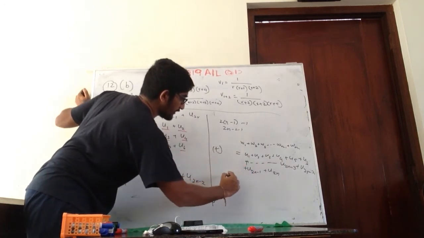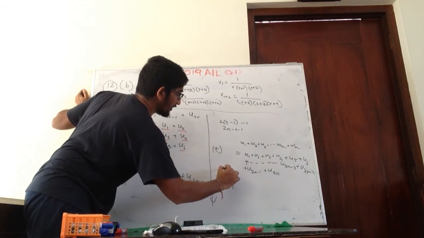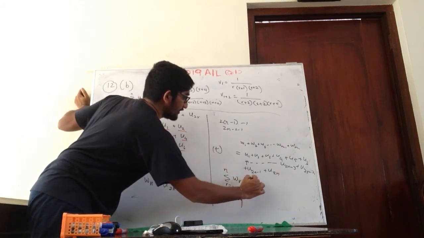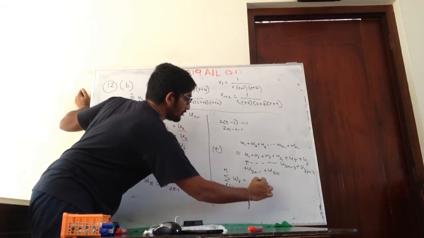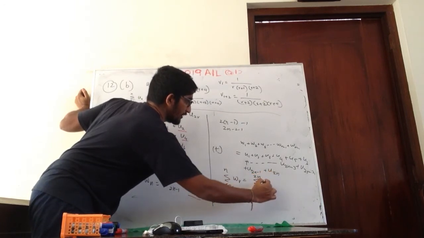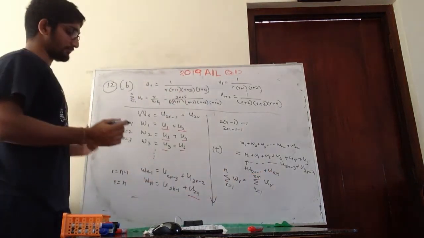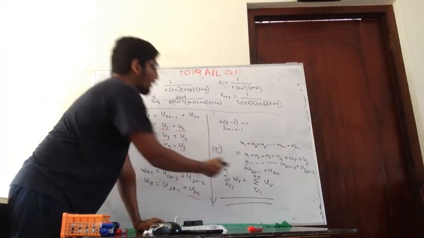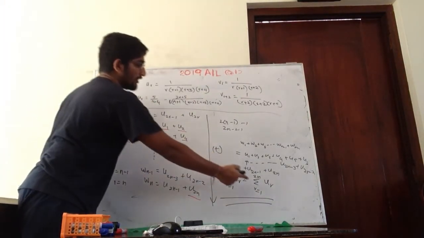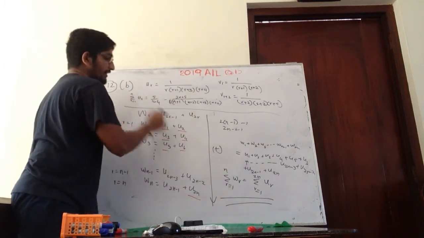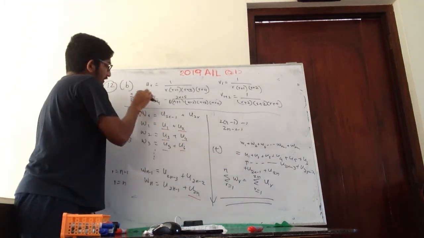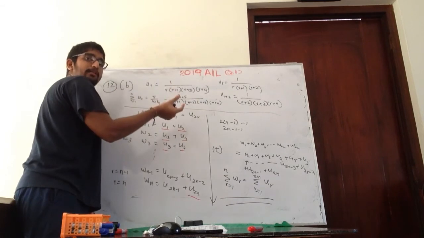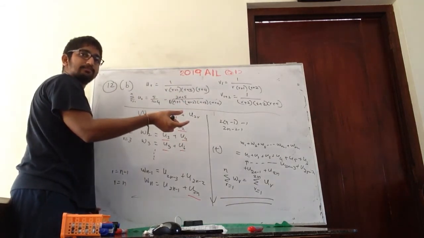So here you will get the sum from R equals 1 to n of WR is equal to the sum from R equals 1 to 2n of UR. So this is what we need to find. Now as we know the sum of UR from 1 to n, we just need to substitute 2n for n, and then you will get the answer.